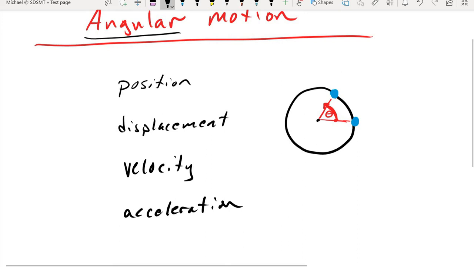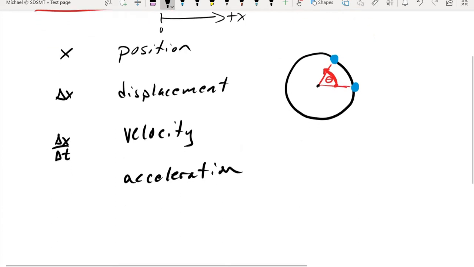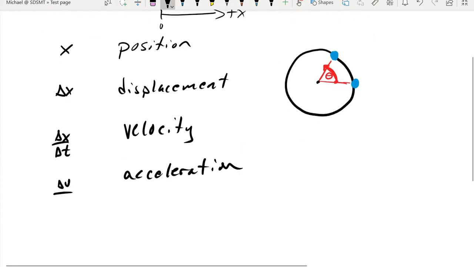But all of these were defined based on the linear motion of our object. In other words, we had some kind of a reference frame with a 0 point, and from there we could define position, we could define displacement, we could define velocity, and we could define acceleration.